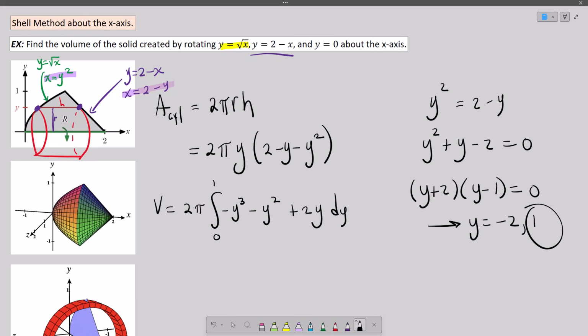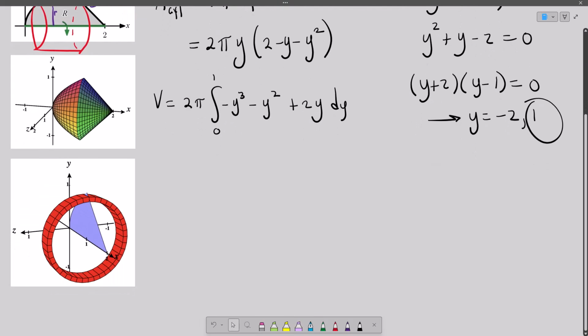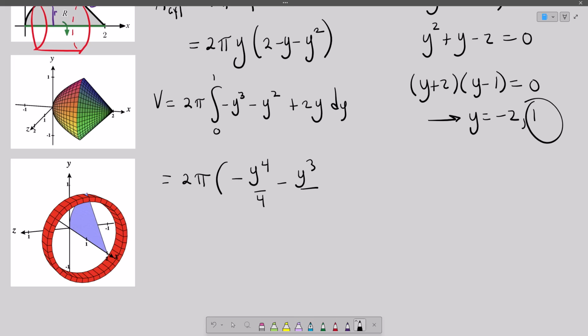And now to integrate this, we are going to use the power rule. We will get our typical antiderivative when we have a polynomial, from 0 to 1. And 0 is not going to give us anything. So we just need to know how to deal with fractions.